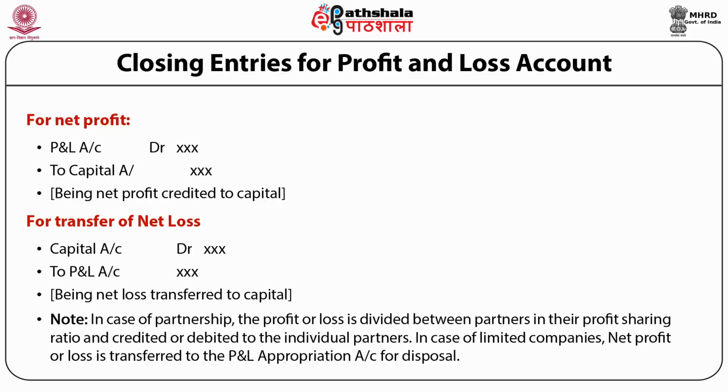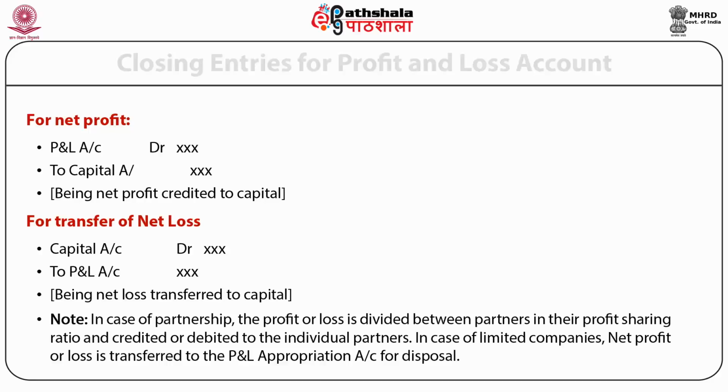But in case of partners, we have to divide this profit before transferring it to the capital accounts of the partners. And in case of companies, this will not be added in capital account. We have to transfer this amount to the profit and loss appropriation account for the purpose of disposal.